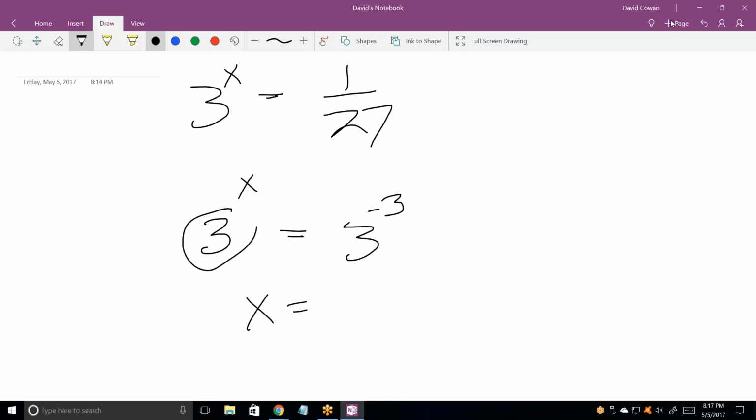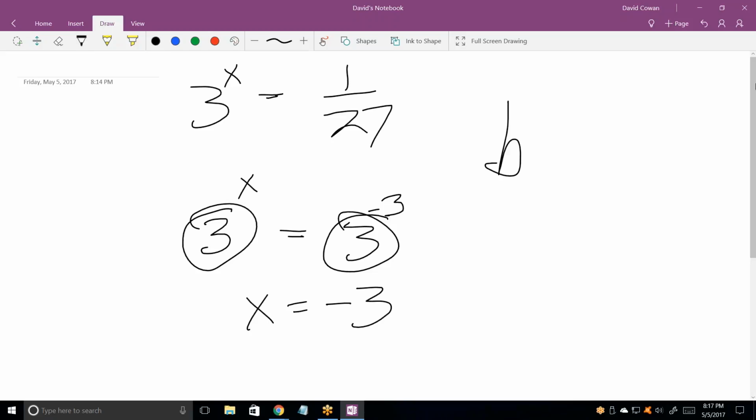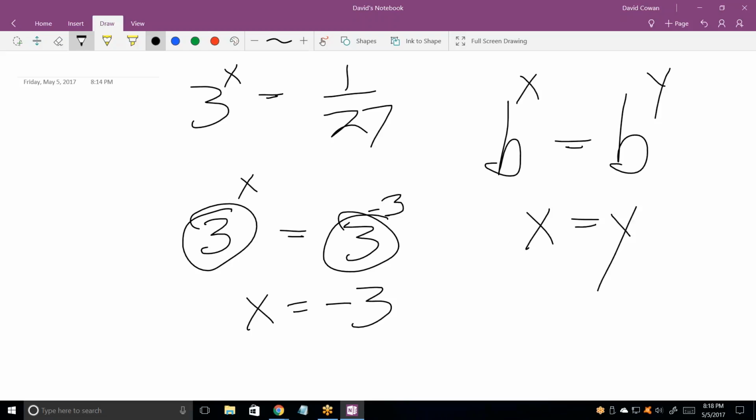If my bases are the same, and I have one base to one exponent equals the same base to a different exponent, then it's just minus 3. In other words, the exponents have to be equal. If I have b to the x equals the same base to the y, then the only possible thing is that x has to be equal to y.